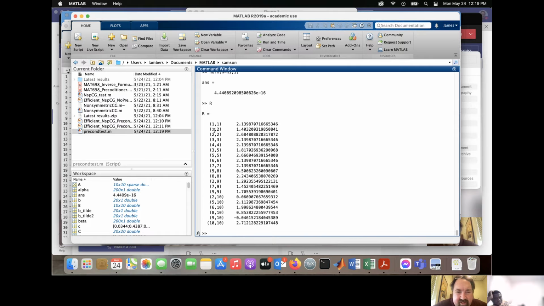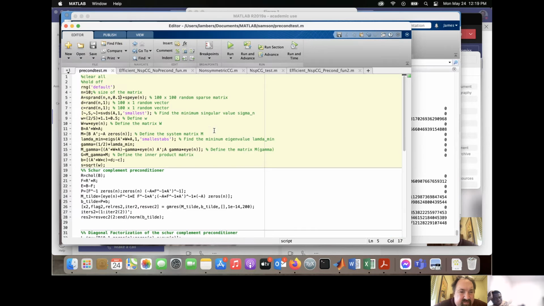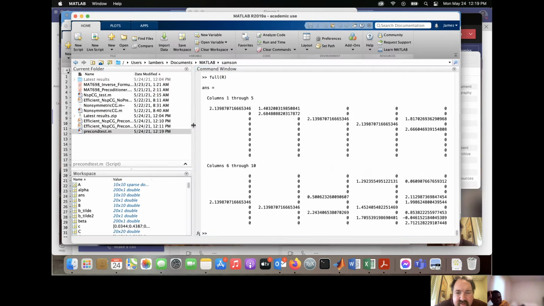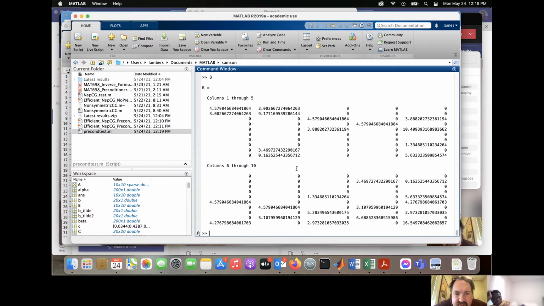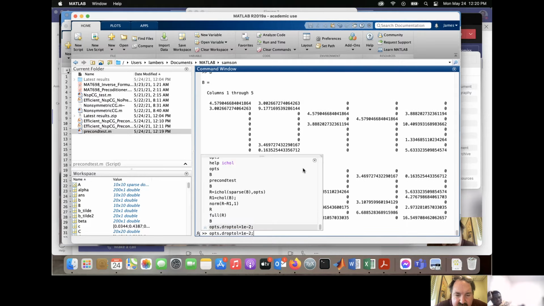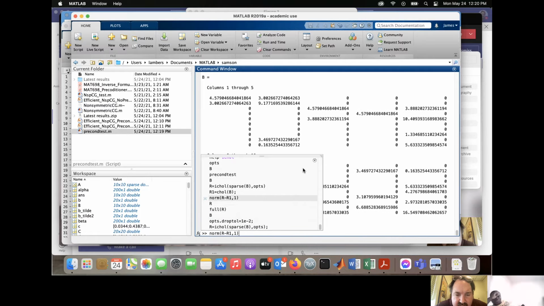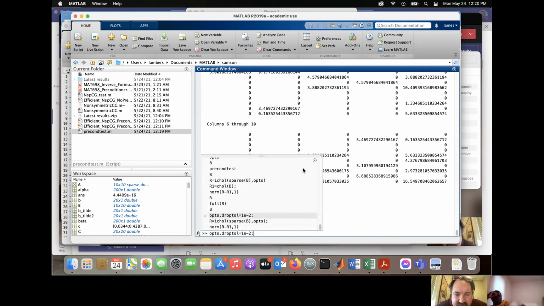And once again, they're the same. But at least it's somewhat sparse. Okay, that's kind of strange. Maybe if I set a different drop tolerance. Still the same.